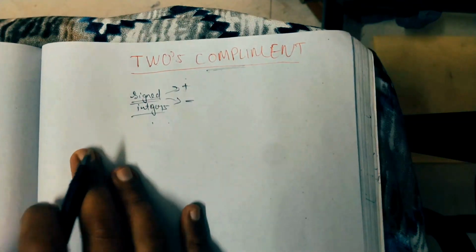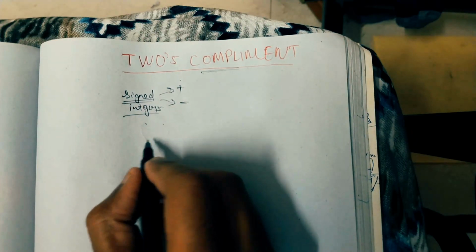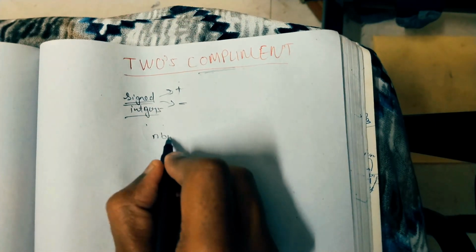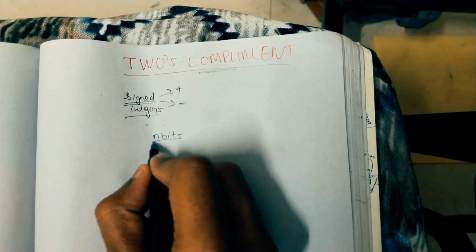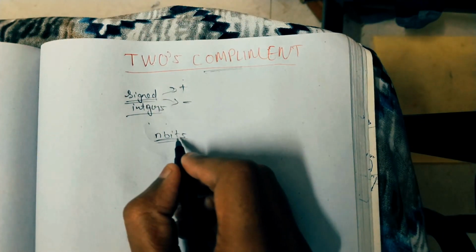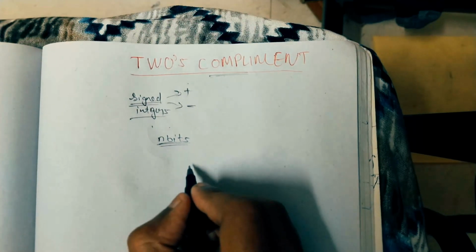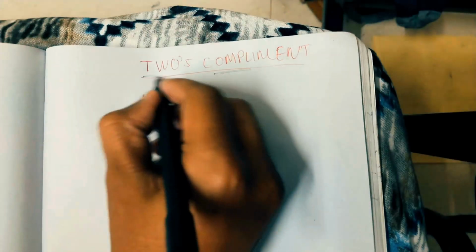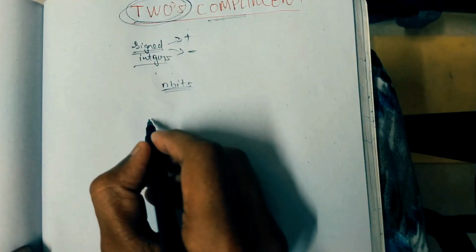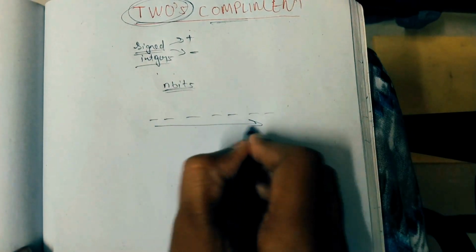Now what is this system? In this system, suppose we are given n bits to represent a decimal number using bits. Using these n bits, we want to represent a decimal number. So in this system of 2's complement, these are our n bits.